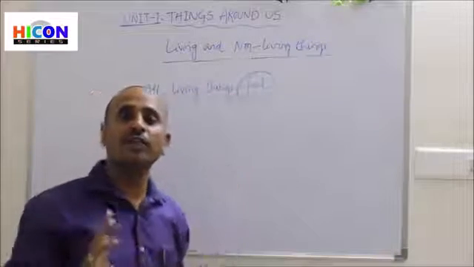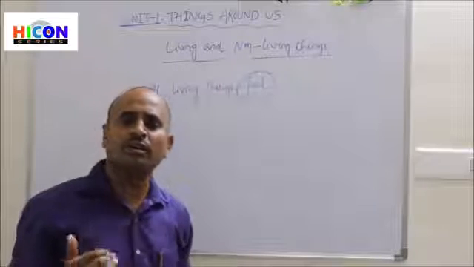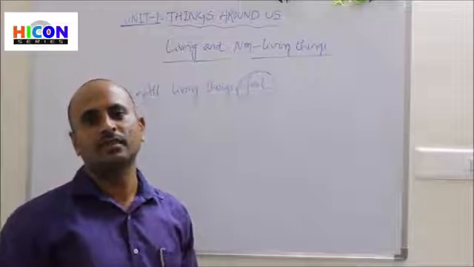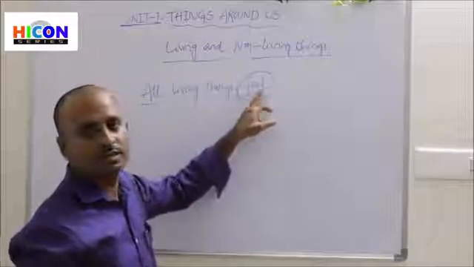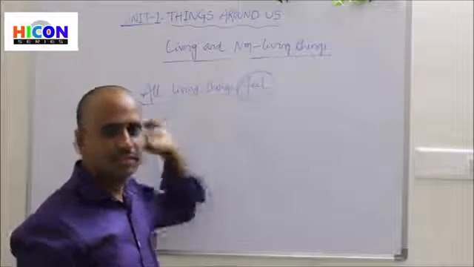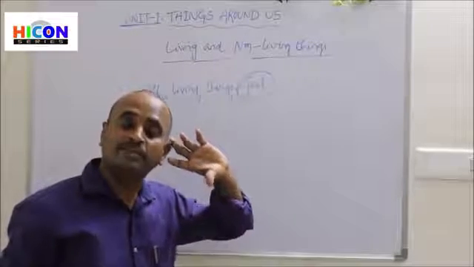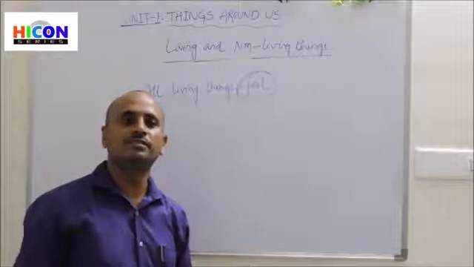That means all living things express their feelings, whereas non-living things do not express any feelings. The things which express feelings can be treated as living things, and the things which cannot express their feelings can be treated as non-living things.